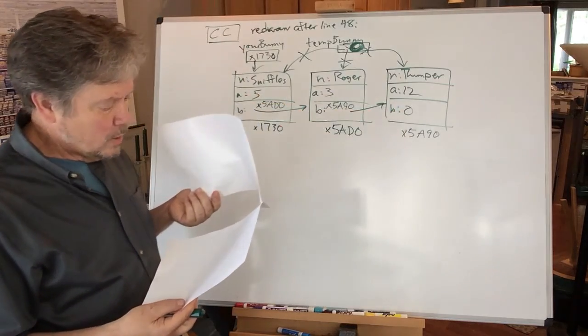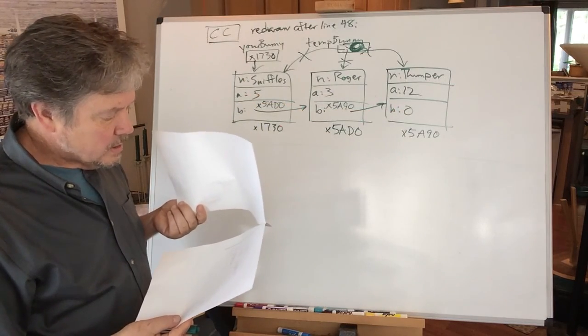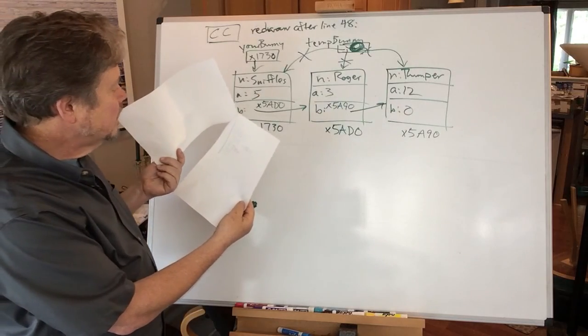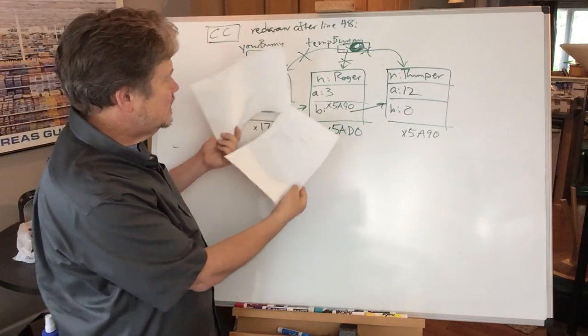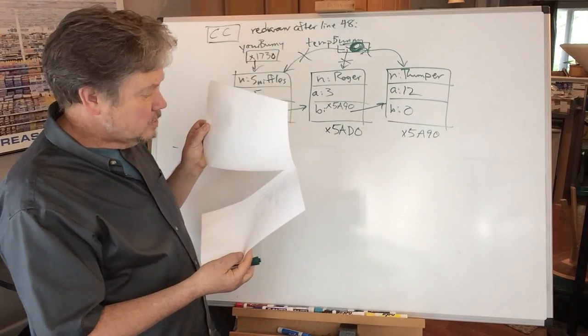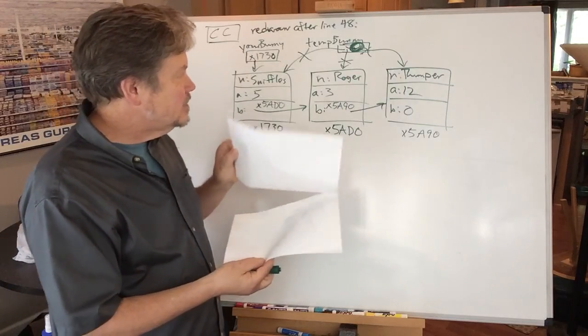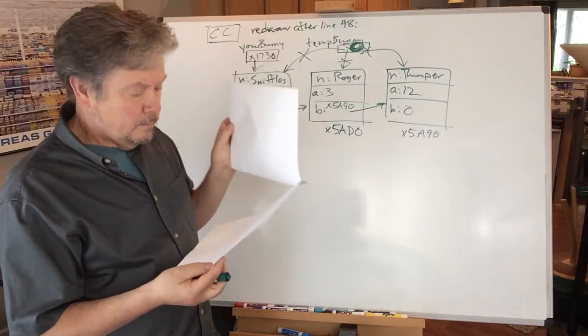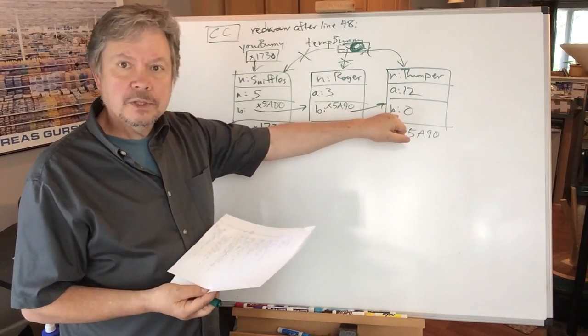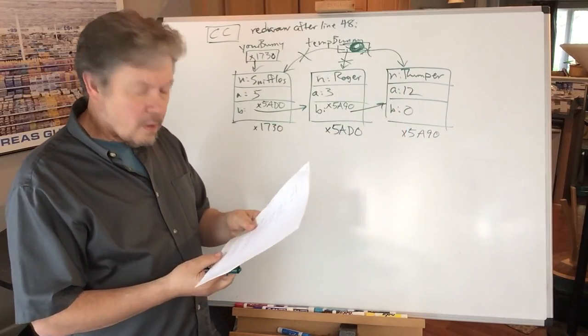And the addresses that we see in order are 1730, because that's the address of the first one. Then we see the one that ends in 5AD0. That's the address of the second bunny. Then we see the address that ends in 5A90. That's the address of Thumper, the third bunny. And then that last BFF is Thumper's BFF. That's 0.